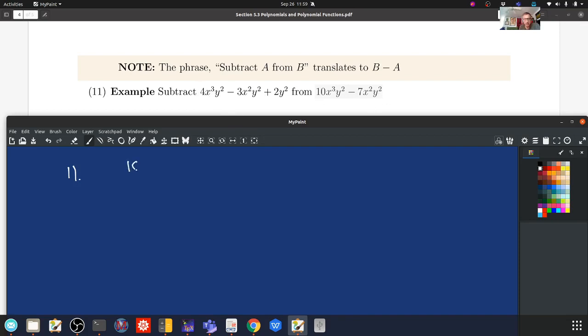So the second polynomial, 10x cubed y squared minus 7x squared y, will be the thing that we're subtracting from. And I'm subtracting this from it. So I'm going to change the sign of each term. There, it came out right.